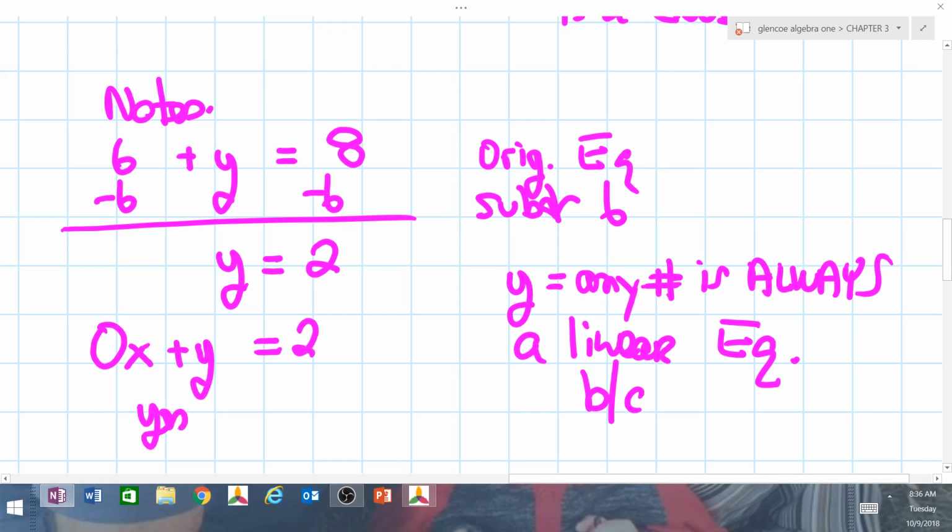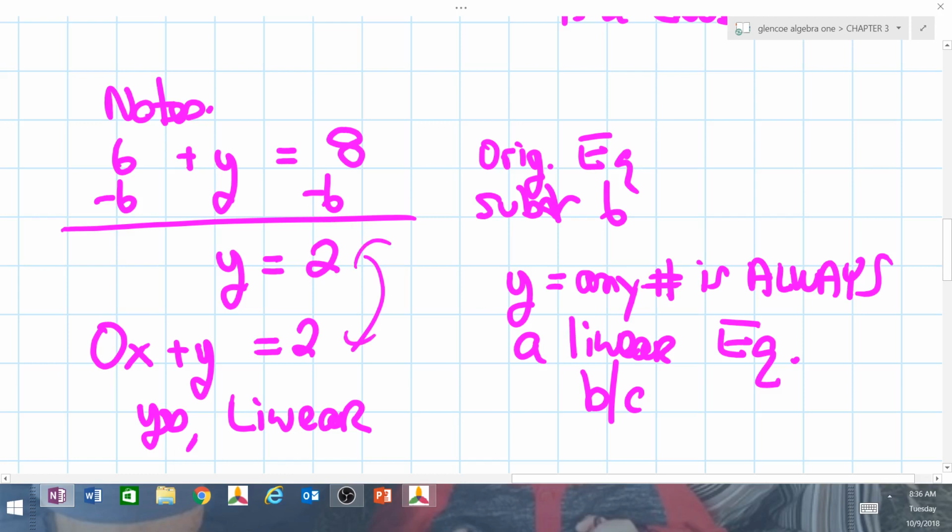Yes, it's linear. Yes, question? Do we have to write 0x? You do not. Y equals 2 is definitely correct form. I am proving it to you that either way is totally correct. No, you do not have to write 0x plus y equals 2.